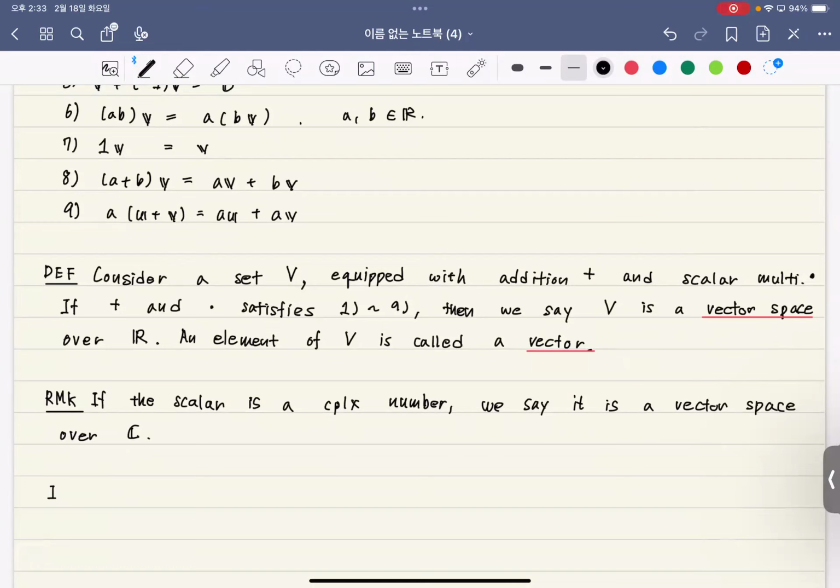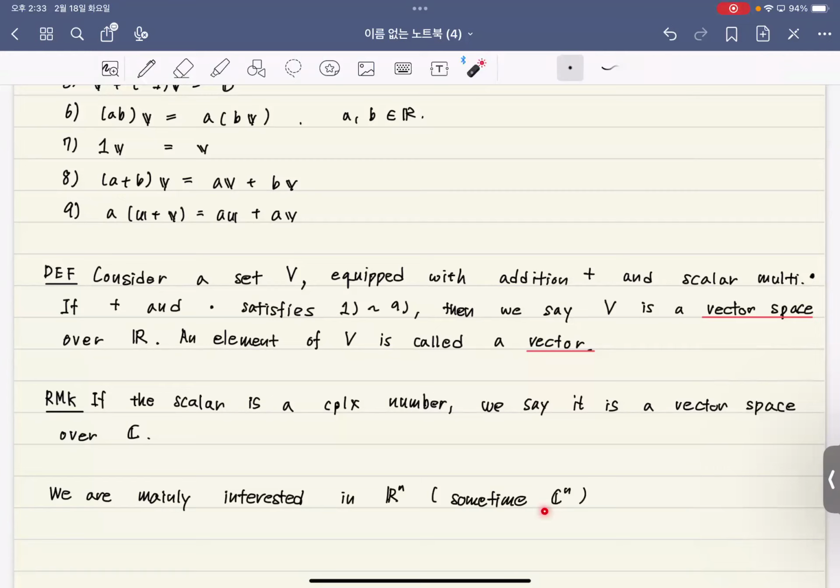So in this course, even though I have mentioned many different vector spaces, we are mainly interested in R^n and C^n. Sometimes, from time to time, I will be mentioning C^n.